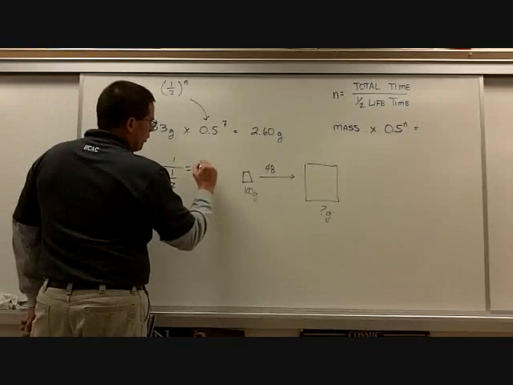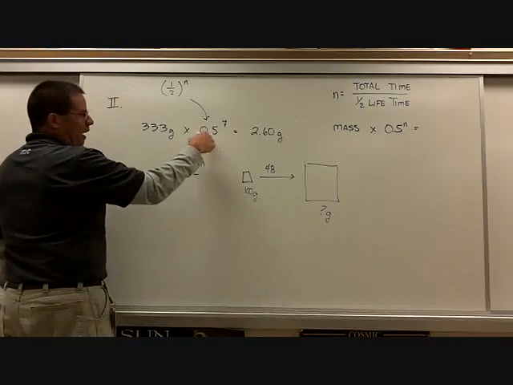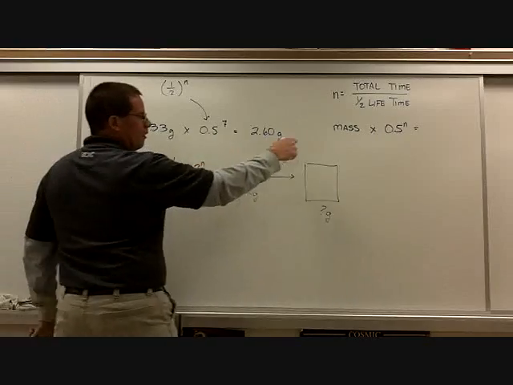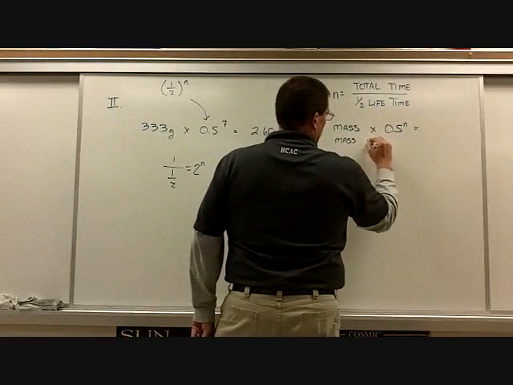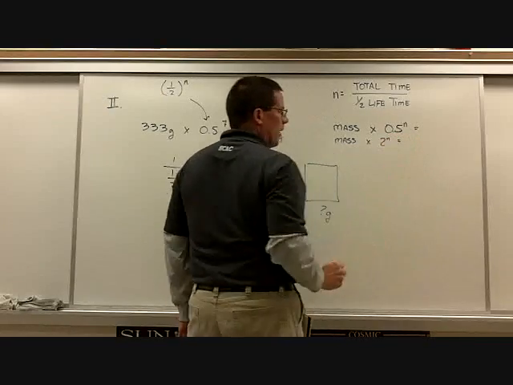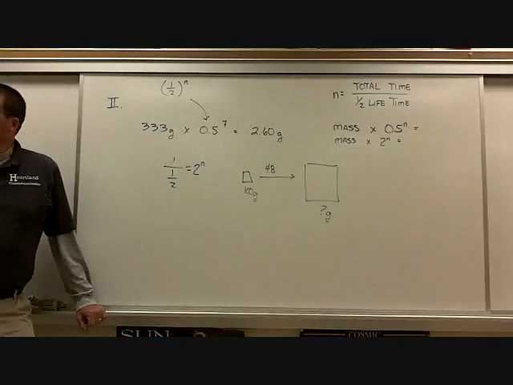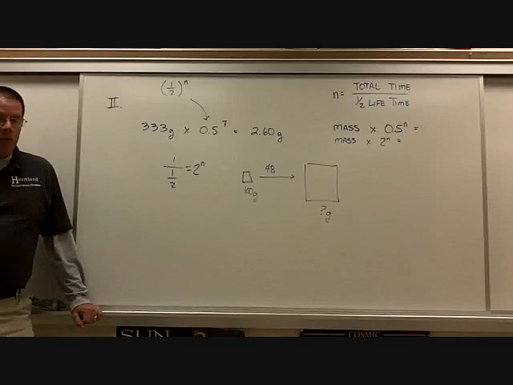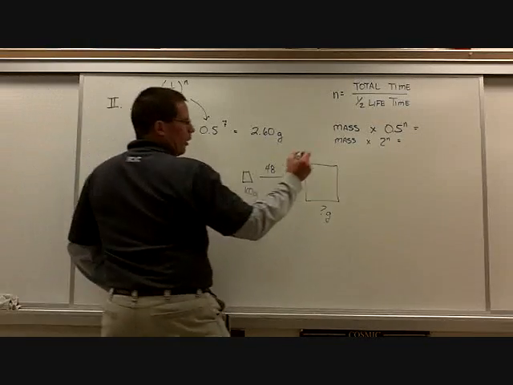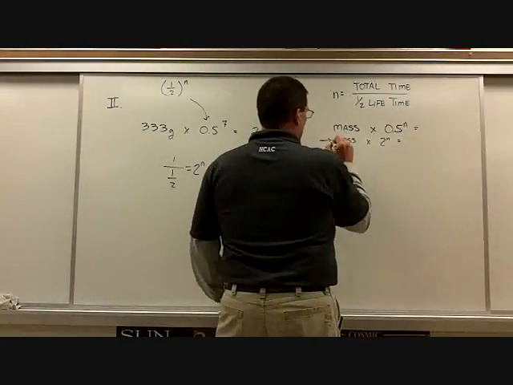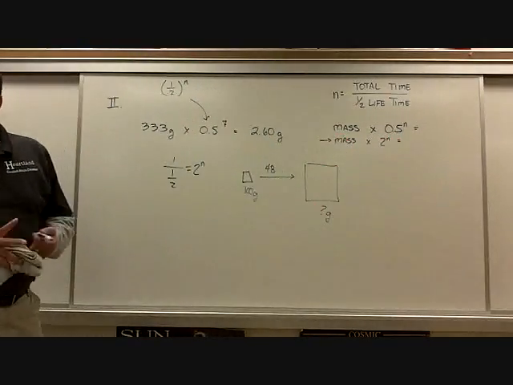Very good. So in this problem, instead of having 0.5 to the n, as we do here, our equation is going to have a little bit of a difference. It'll look like that. In other words, I've taken the inverse of 1/2, which is equal to 2. So, knowing that we're going to use this equation for this problem, now we can work.